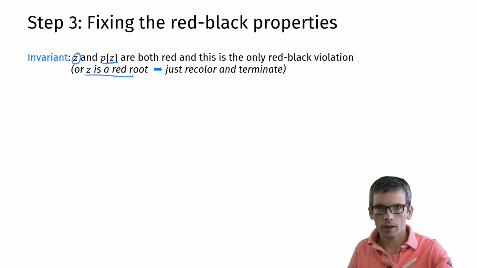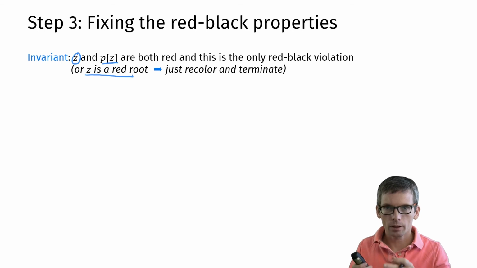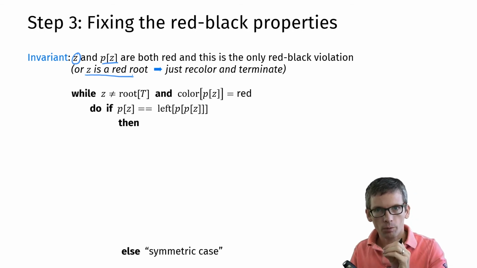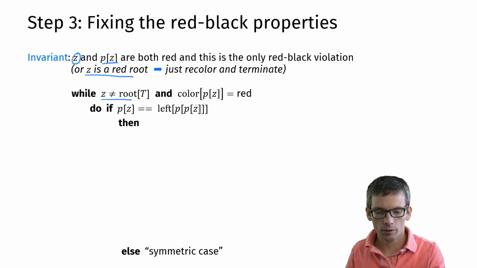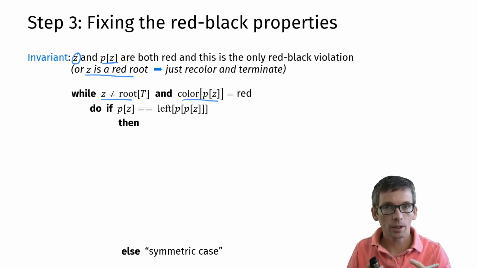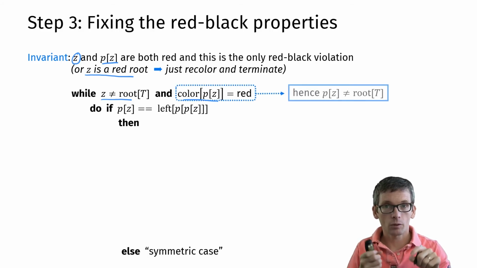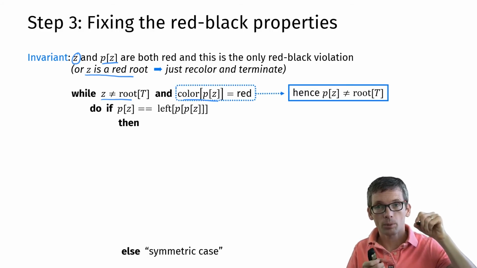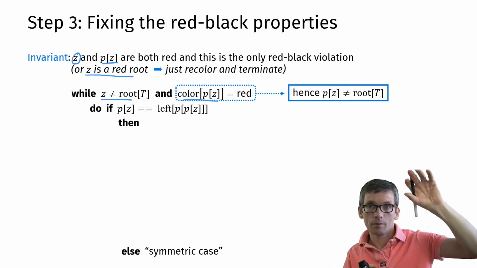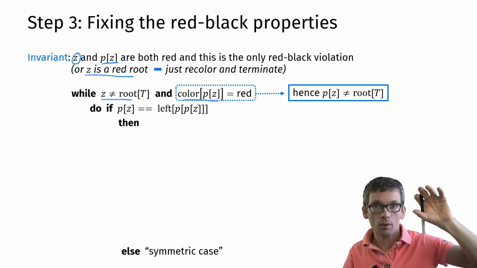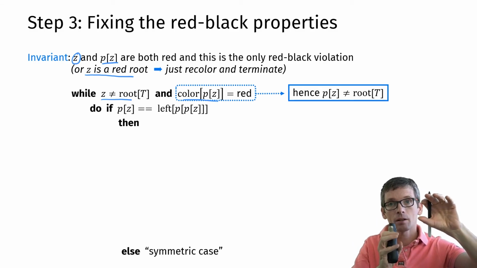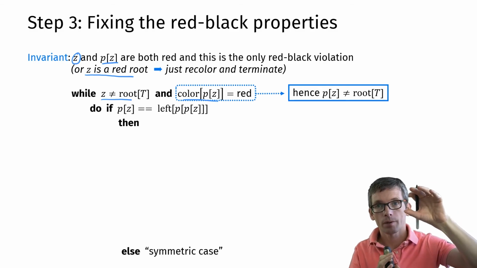So while I'm doing this algorithm, I can assume that I have these 2 nodes Z and P of Z, they're both red. So as long as Z is not the root and it has a red parent, and this in particular means that the parent is not yet the root, because I know by the red-black properties that the root is black. So as long as I have these 2 red nodes and then the grandparent is black, I'm making a case distinction on whether the parent of Z is a left or right child of its parent.